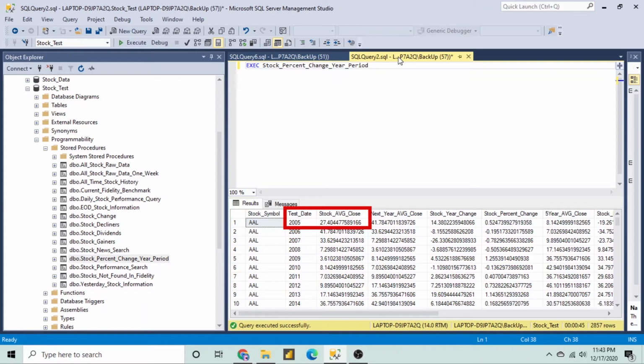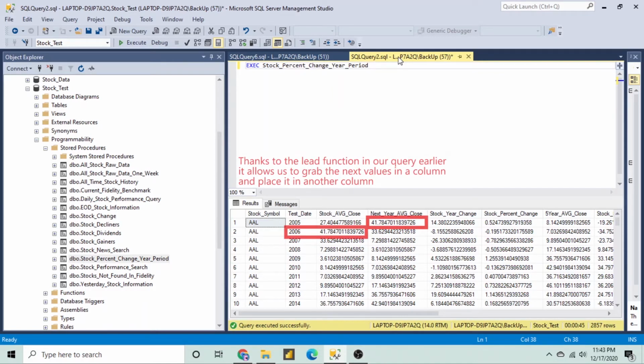If you look at the third column, where it says stock average close, this is going to look at the closing price for that specific year. For American Airlines, it was $27.40, as I mentioned earlier. And then in the next column, where we use our lead window function, it is going to retrieve the next row.